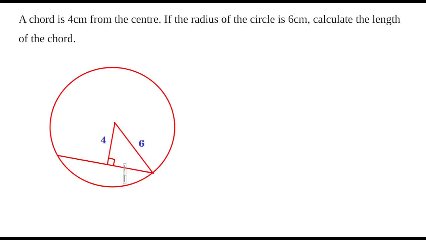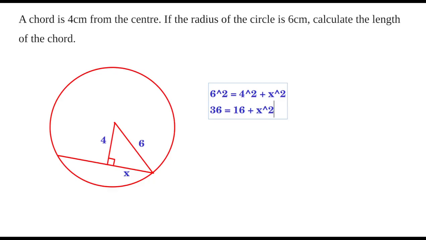So we are going to first find this side, and then we are going to double it because this is the midpoint. Now the hypotenuse in this case is 6. Let me call this one x. The hypotenuse is 6, so 6 squared is equal to the sum of the squares of the other two sides, 4 squared plus x squared. Now 6 squared is 36, equal to 4 squared, which is 16, plus x squared.